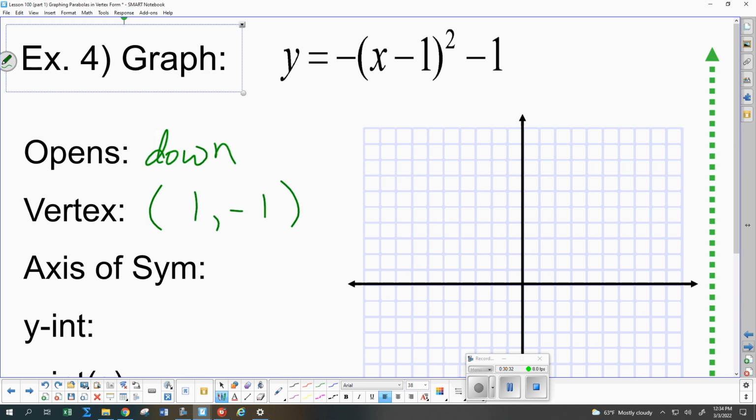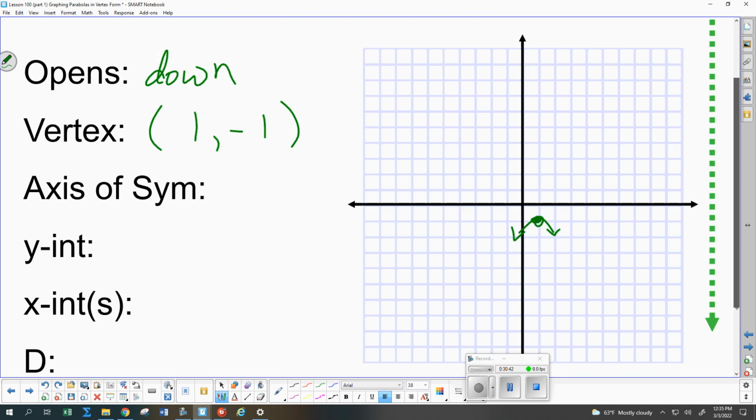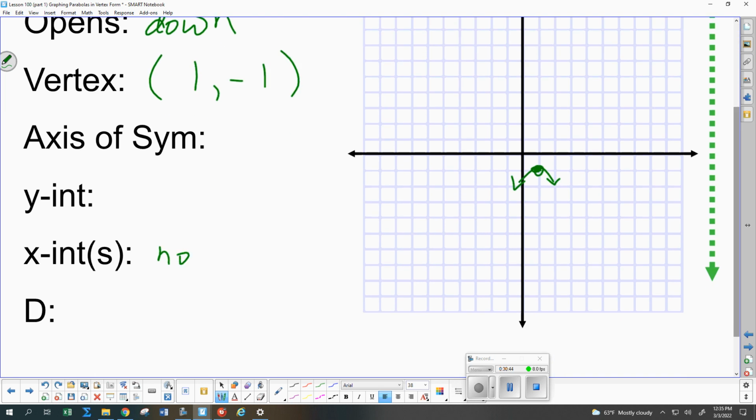So if I go to 1, -1, and this one's going to open down, how many x-intercepts will I have? Everybody good? That one's not going to cross the x-axis. So we would write none when that happens. And does that mean the discriminant is positive, negative, or 0? Questions on anything we've talked about?